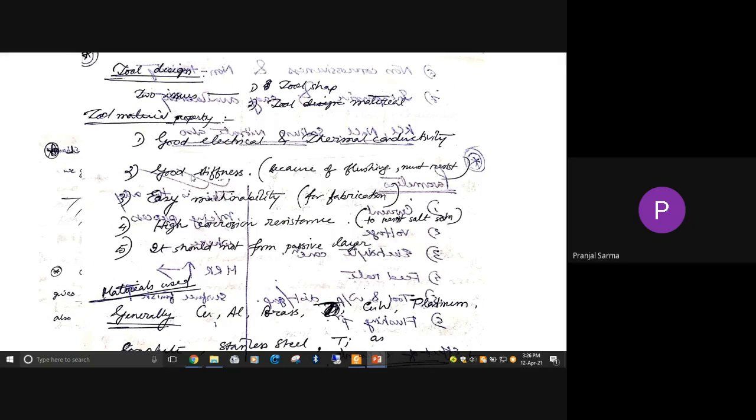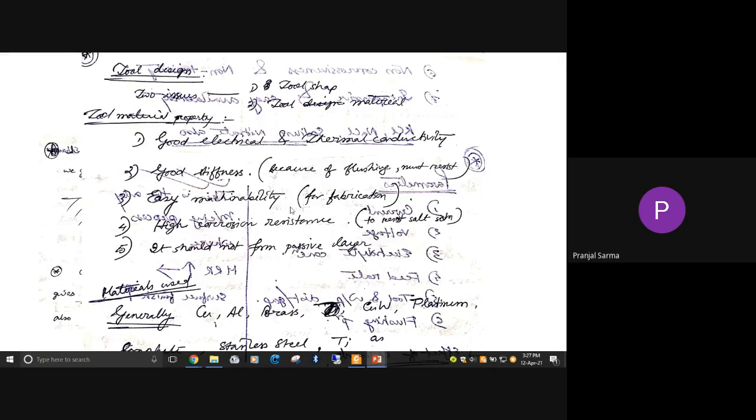Similarly, it should have good stiffness, because we do constant flushing, and the electrolyte is pumped at a comparatively higher pressure. If it is not stiff enough, it may get distorted, and if the tool itself is distorted, then the shape you wanted on the workpiece will not be produced properly.